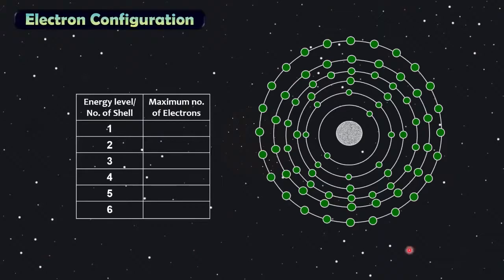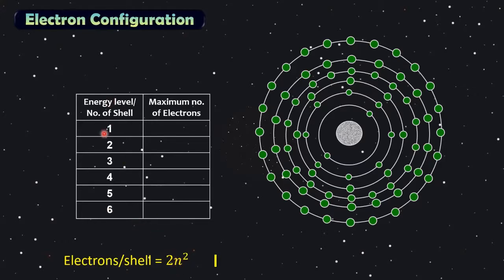This time, let's review how we get the maximum number of electrons per shell. The formula is 2n squared, and if we are to illustrate the atomic structure of an atom, this is how we illustrate it using Bohr's model. 2n squared is the formula. N is the number of the shell or energy level.